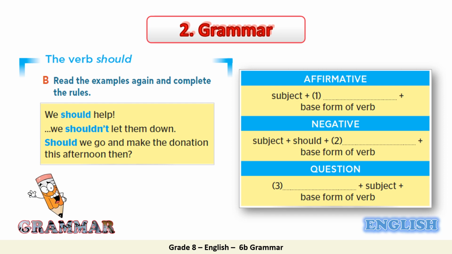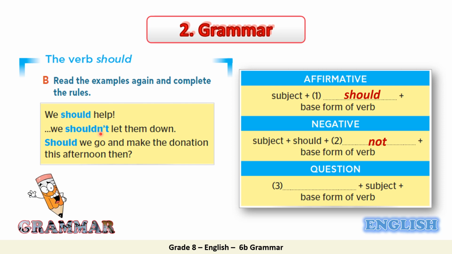To form affirmative sentences, we begin with the subject plus should plus the base form of the verb. We should help. To form negative sentences, we begin with the subject plus should plus not plus the base form of the verb.